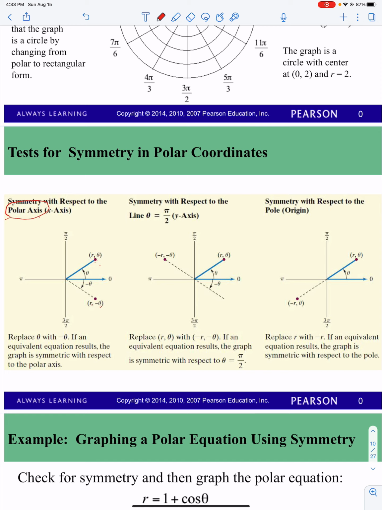So what happens with the origin? Do you remember, if r at theta here, the origin will be what? Your negative r.